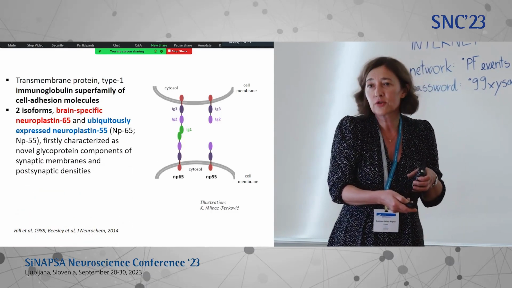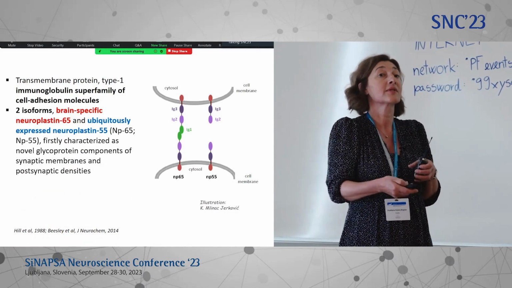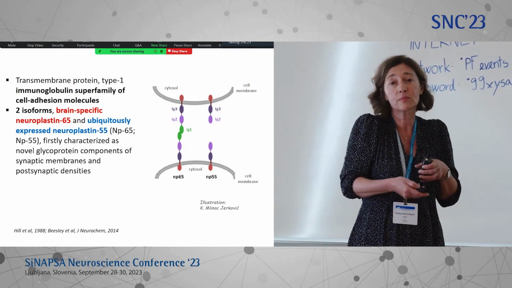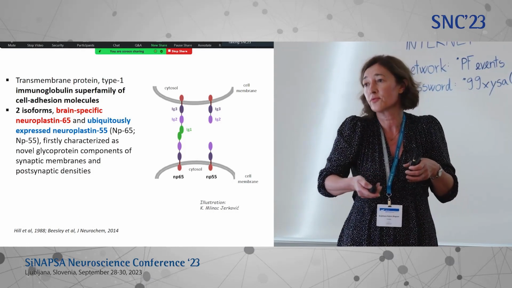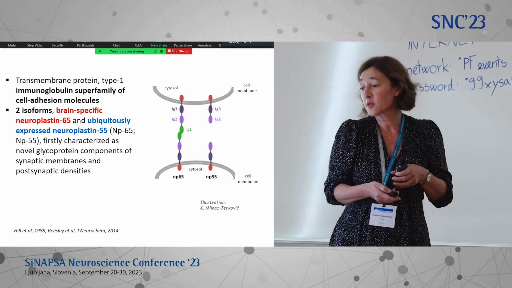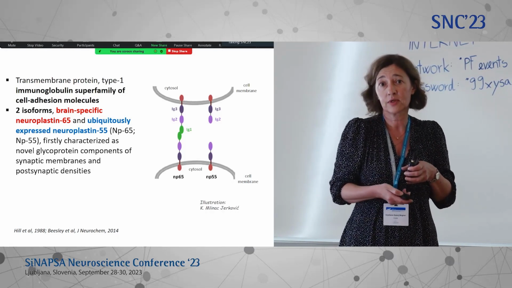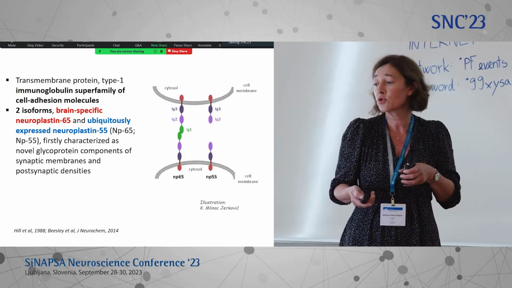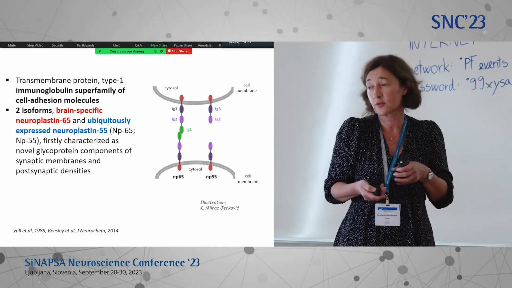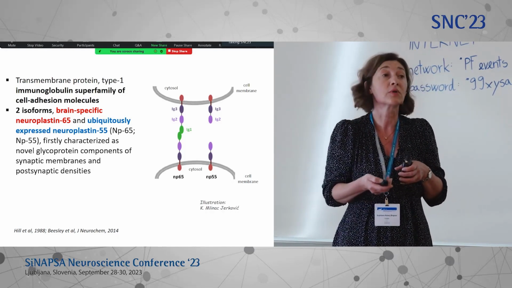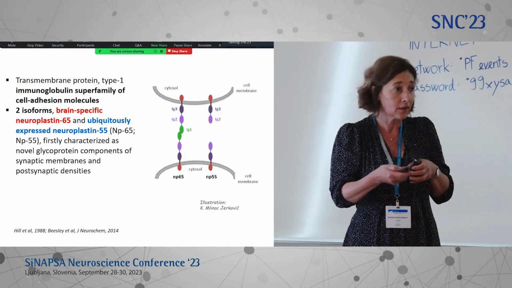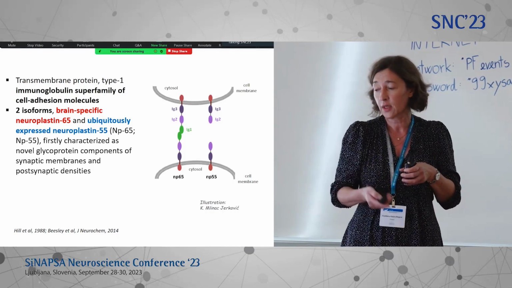So those two isoforms are differentially distributed, and this is interesting because they can have different specific roles. Brain-specific neuroplastin 65 is expressed only in the brain tissue, and the smaller form is ubiquitously expressed, meaning it can be expressed in many other tissues.